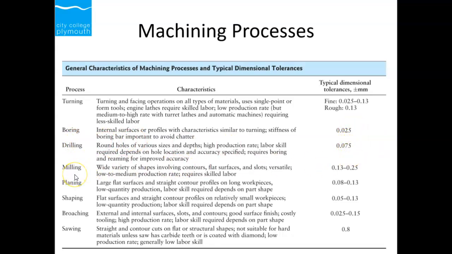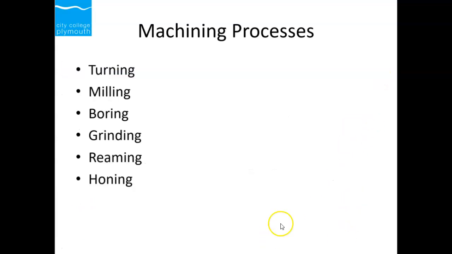Again, we have a milling process, which has a similar tolerance to turning, at the top range 0.13 to 0.25. Then we have planing, shaping, broaching, and sawing. So these are all different types of machining processes, all with different dimensional tolerances and different functions.